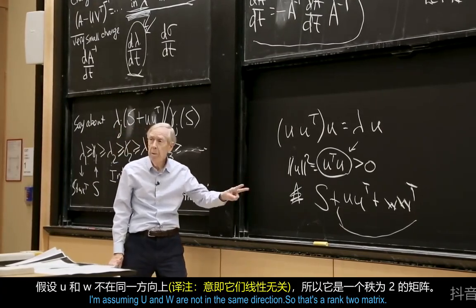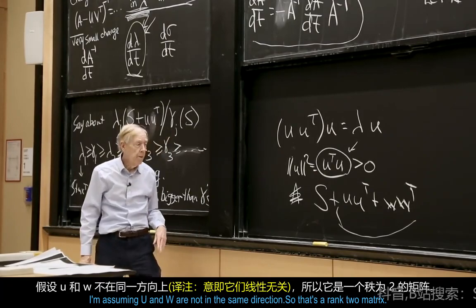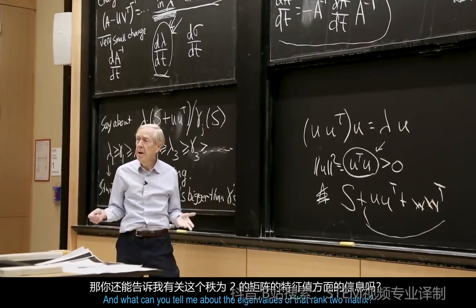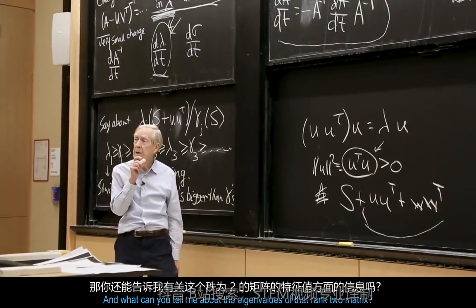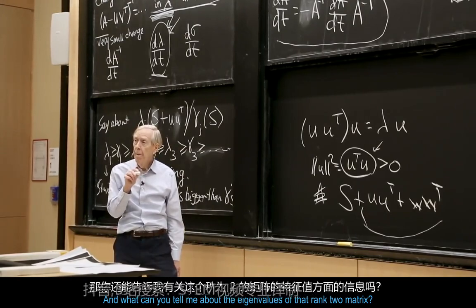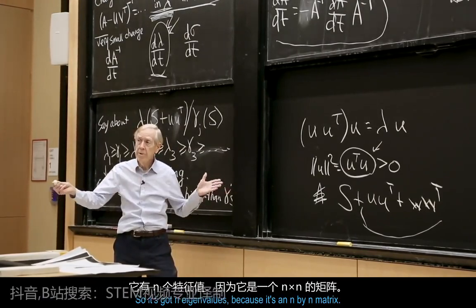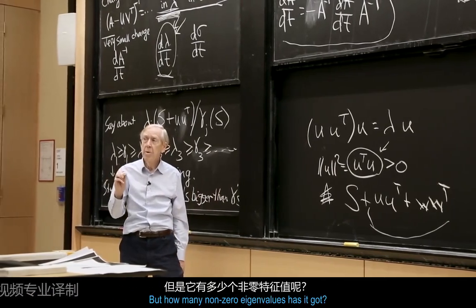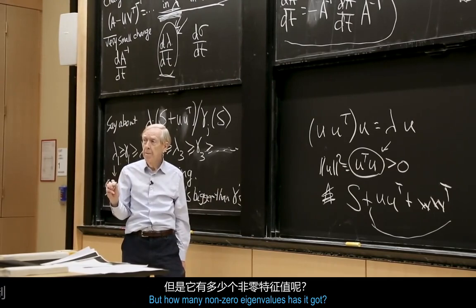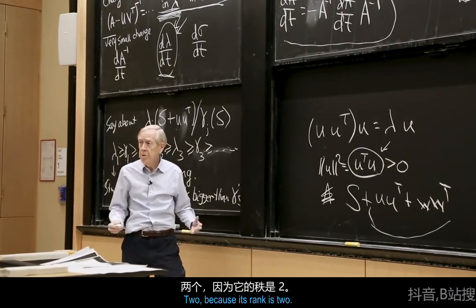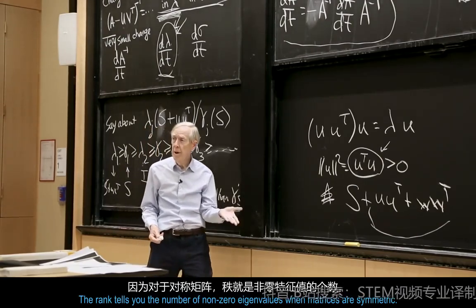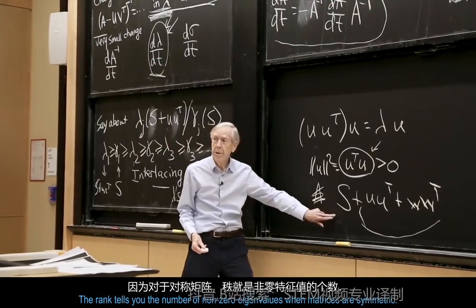I'm assuming U and W are not in the same direction. So that's a rank 2 matrix. And what can you tell me about the eigenvalues of that rank 2 matrix? It's got n eigenvalues because it's an n by n matrix, but how many non-zero eigenvalues has it got? 2, because its rank is 2. The rank tells you the number of non-zero eigenvalues when matrices are symmetric.